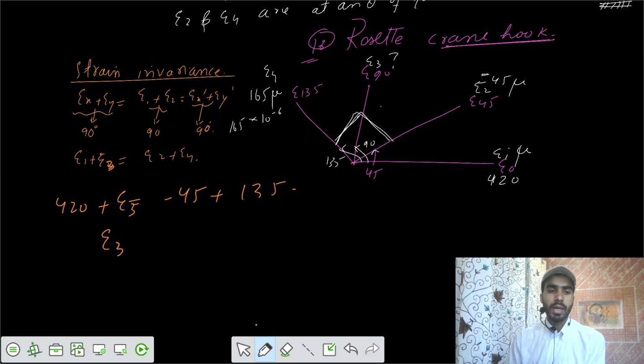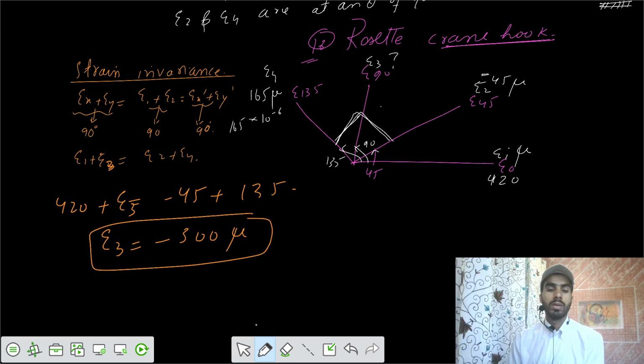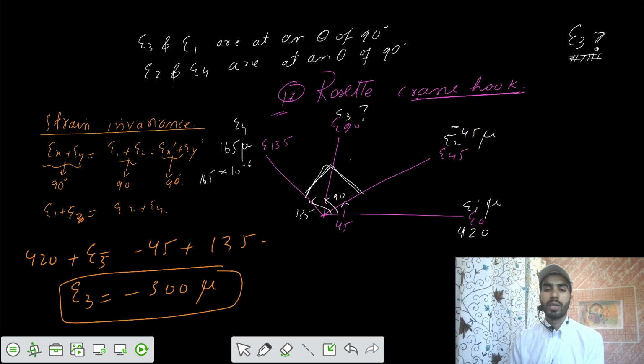So strain E3 equals minus 300 micron. We got the strain along the third direction.